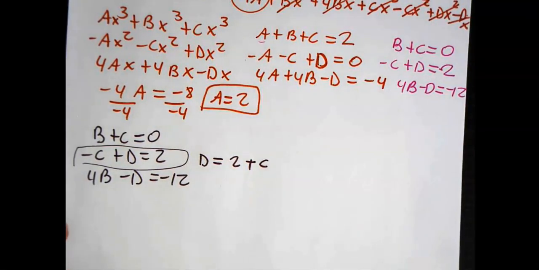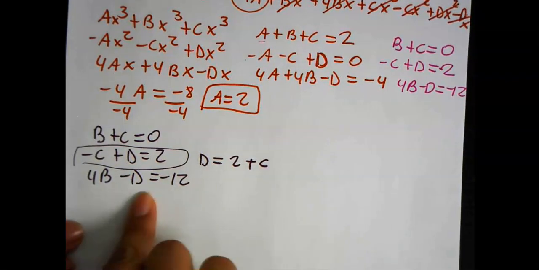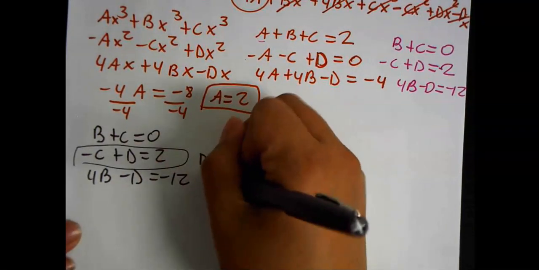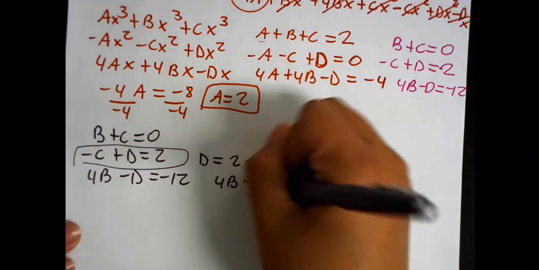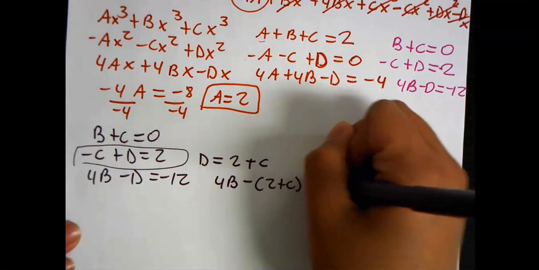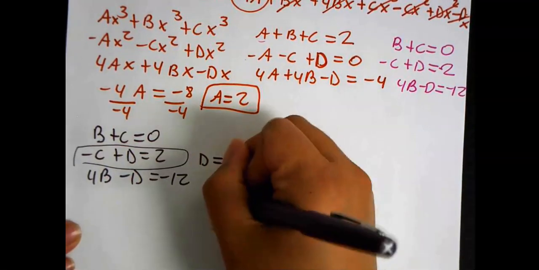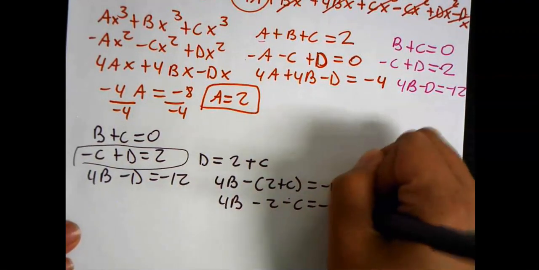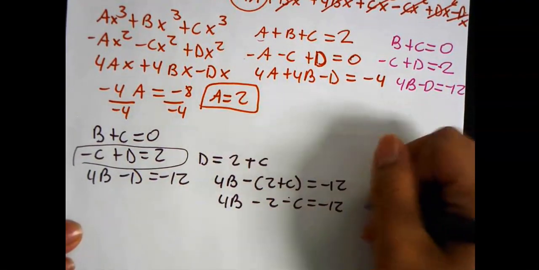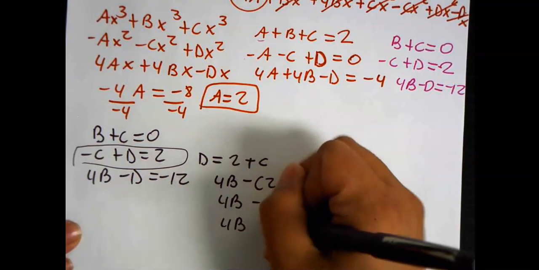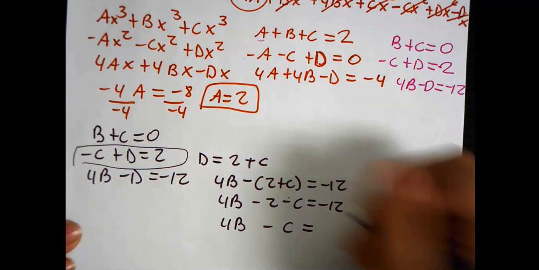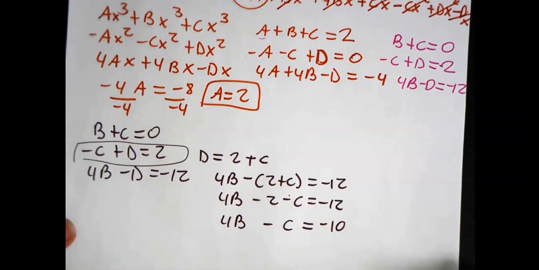I want to get rid of the D. Okay, so I'm going to go to this one, and instead of D, I'm going to plug in this right here. I get 4B minus 2 minus C equals negative 12. I'm going to add 2. 4B minus C will be equal to negative 10.